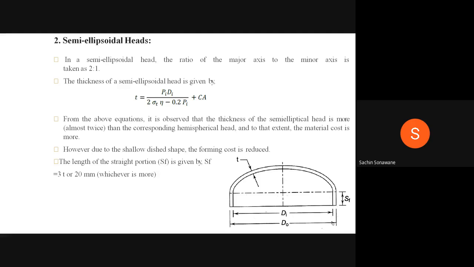Therefore, please draw the figure and write down the formula for semi-ellipsoidal head.